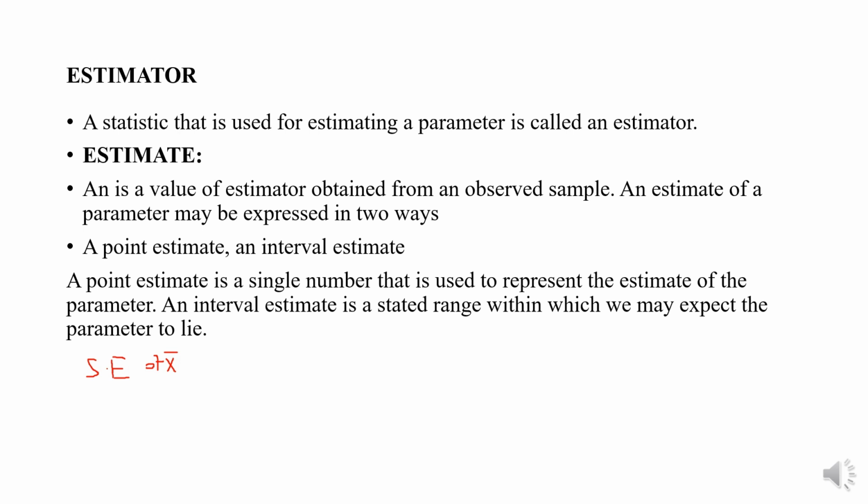So the population size we measure with capital N, and the population mean is represented by mu. The population variance is represented by sigma square, and the population standard deviation is only sigma.